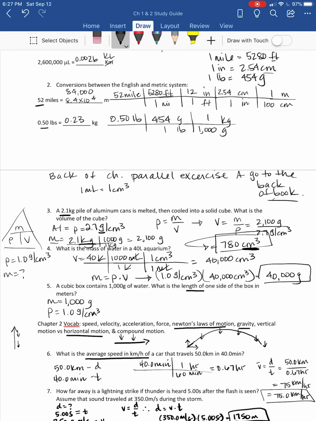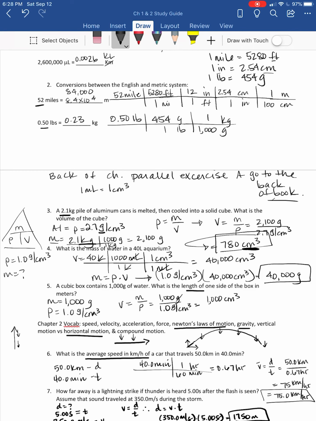Okay, so first off, let's find the volume. So volume is mass divided by density. So 1,000 grams divided by 1 gram per centimeter cubed, which is just 1,000 centimeters cubed. Okay. All right, now if we were to do the cube root of that, I know, that seems really weird.